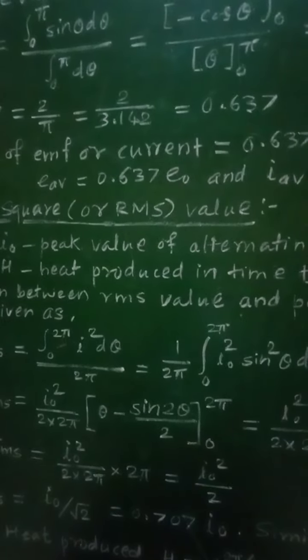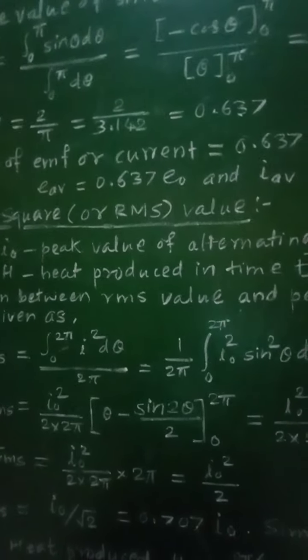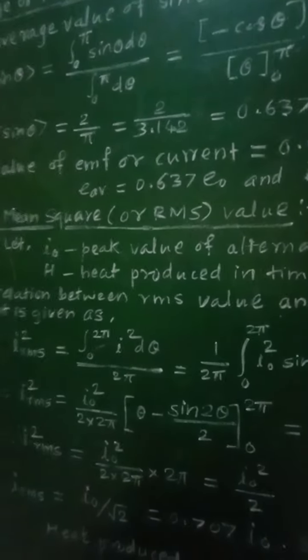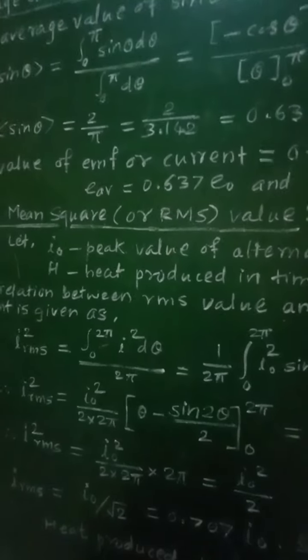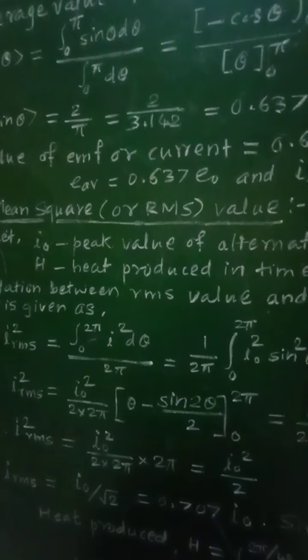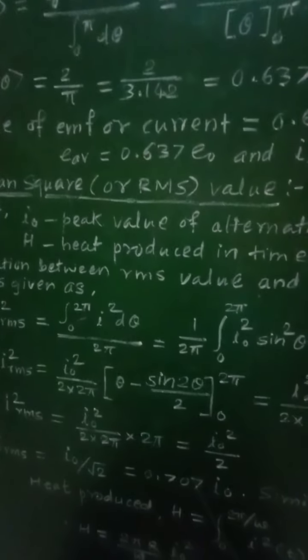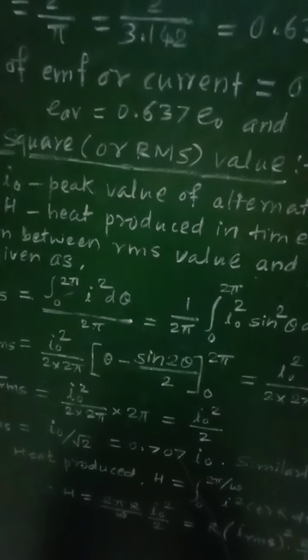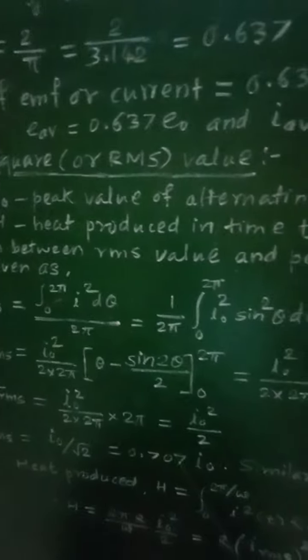Now if you consider this relation, then the value of such steady current will be called the effective value or virtual value, or it is also called the RMS value.